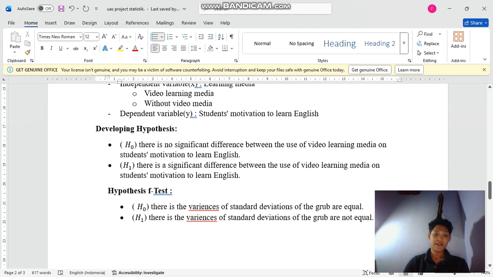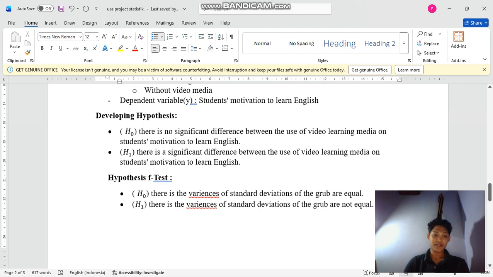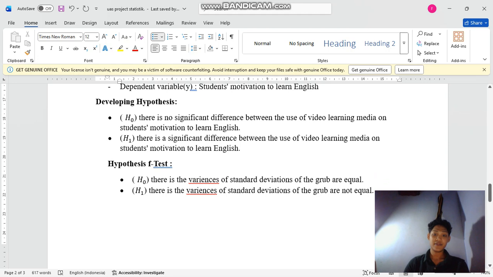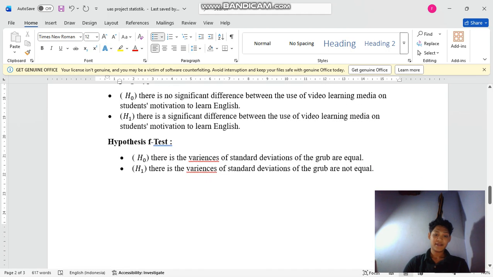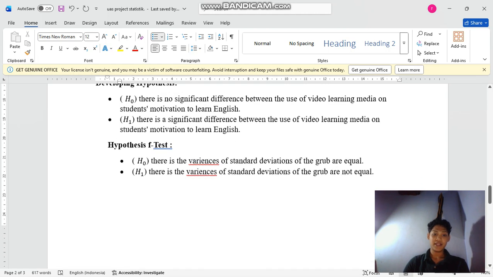For the null hypothesis, there is no significant difference between the use of video learning media on student motivation to learn English. And for the alternative, there is a significant difference between the use of video learning media on student motivation to learn English. This is for the F test.